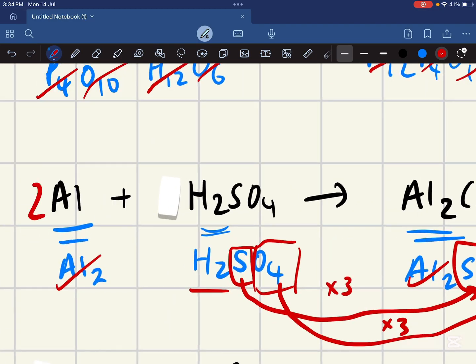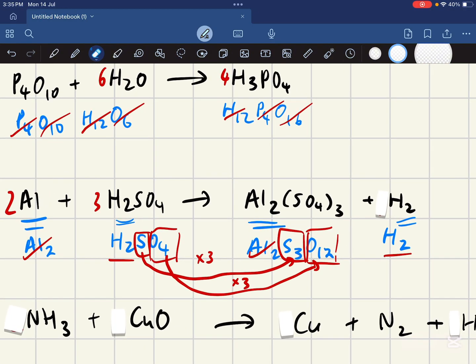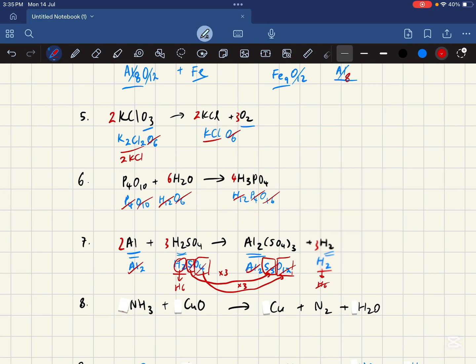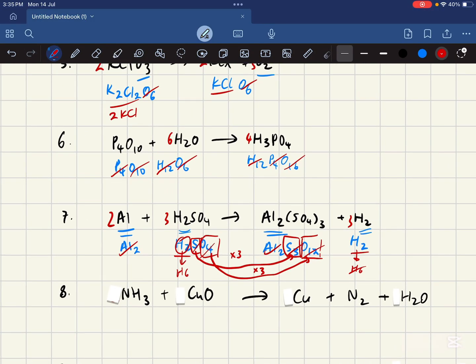So the right thing to do is to add 3 as the coefficient of H2SO4. As such, we can cancel out this. The H2 here becomes a H6. And as such, we add a 3 in front of H2. So this can also be a H6. That's how you balance this equation.